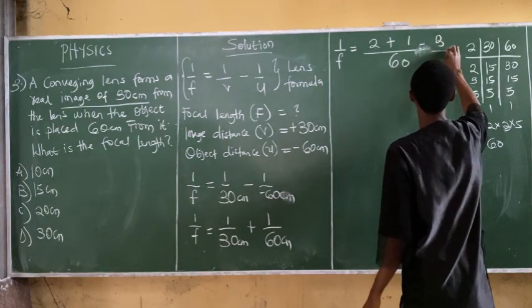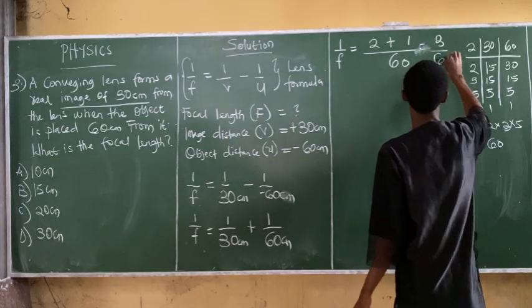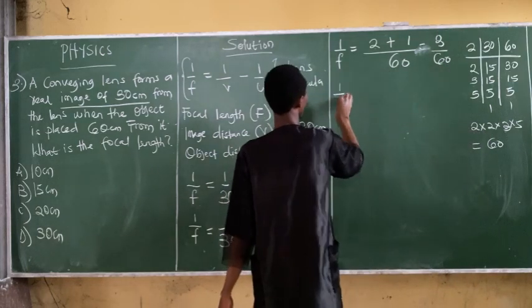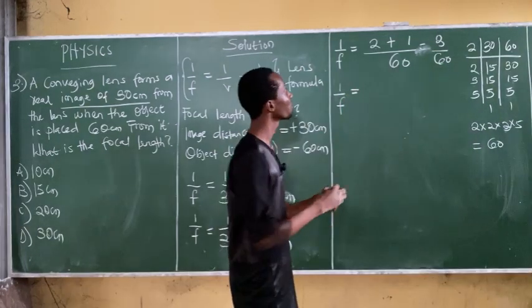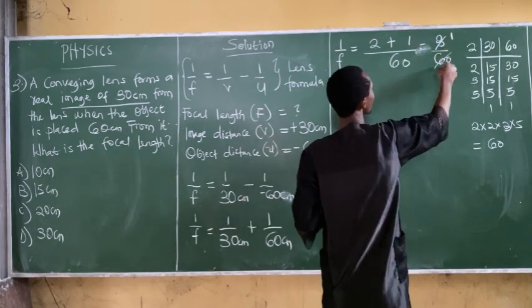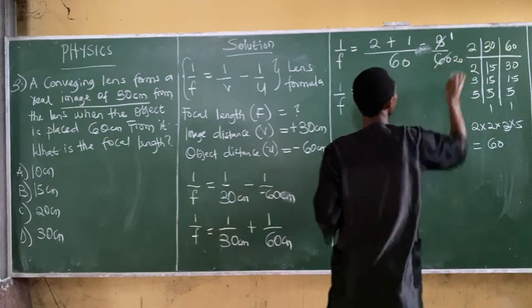So we have 3 over 60. Now, 3 divided by 3, we have 1. 60 divided by 3, we have 20.